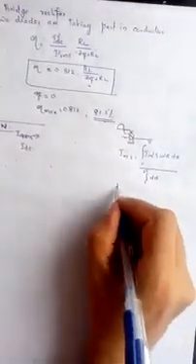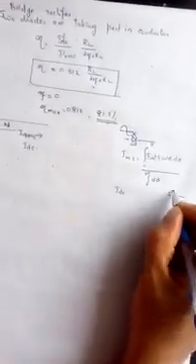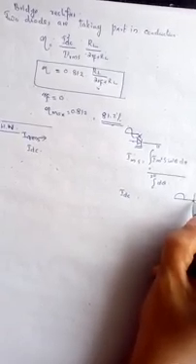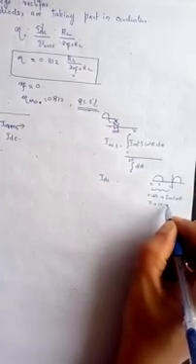Then IDC also changes, because of the output waveform. The wave repeats after 2 pi, but you have to split this integral into two parts. From 0 to pi the value is Im sin theta, but from pi to 2 pi the value is 0.